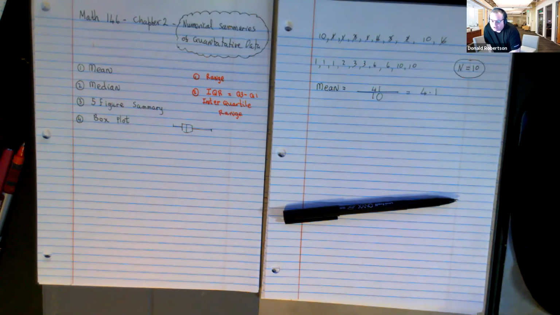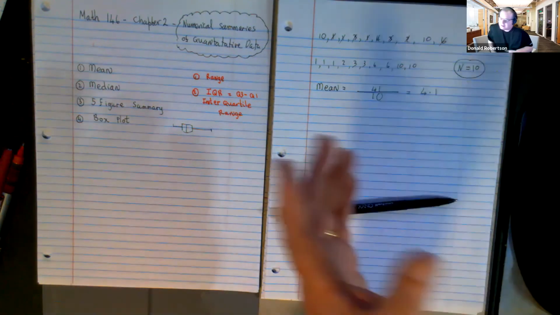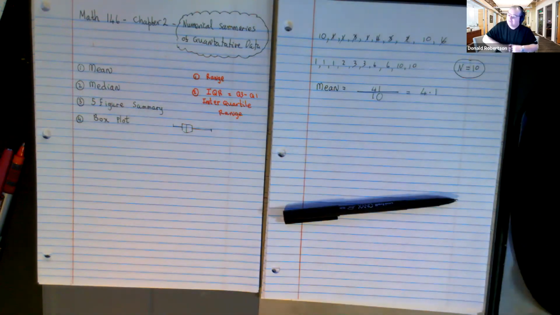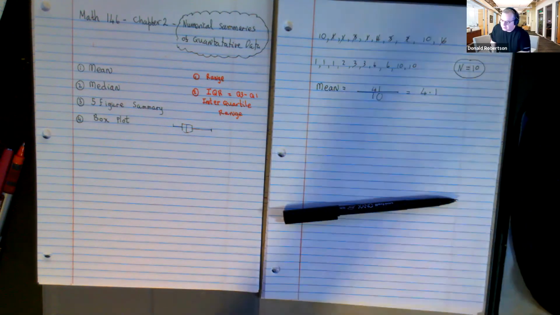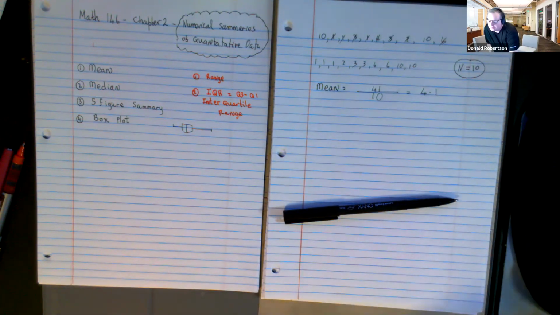Essentially what that's telling me is that a typical group of students, and I'm not talking about this 10, but imagine we went and looked at everybody in Olympic College and asked the same question. It's roundabout 4. 4 siblings, you and 3 others. 4.1 just means it's a little bit bigger than 4, but typically about 4.